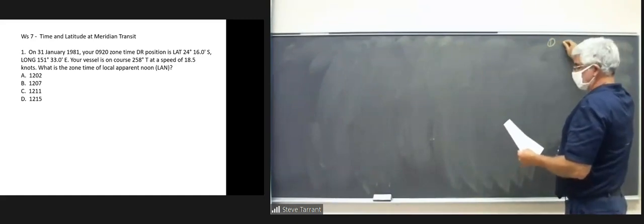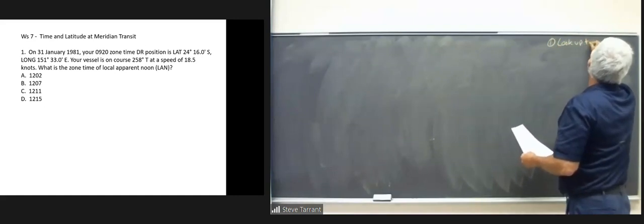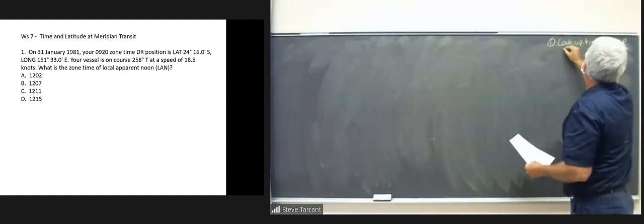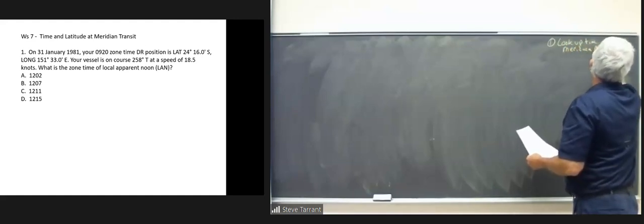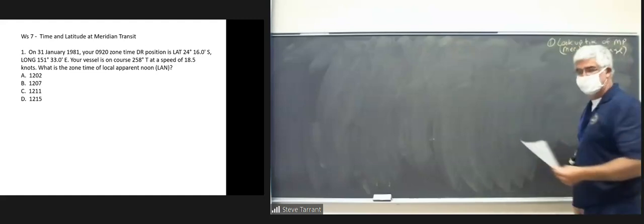Step 1, okay? Look up the time of MP. MP stands for meridian passage, okay? And if you don't remember where that is, I'm going to show you and you'll be like, oh yeah, I remember that now.